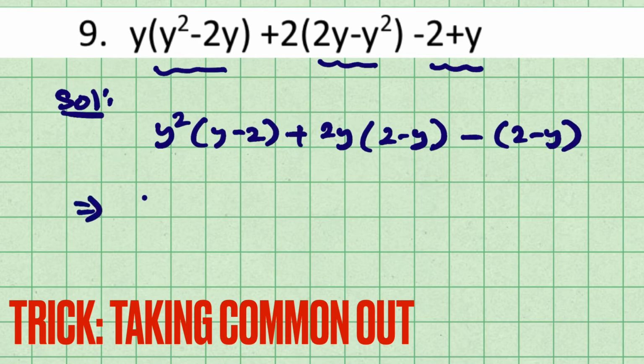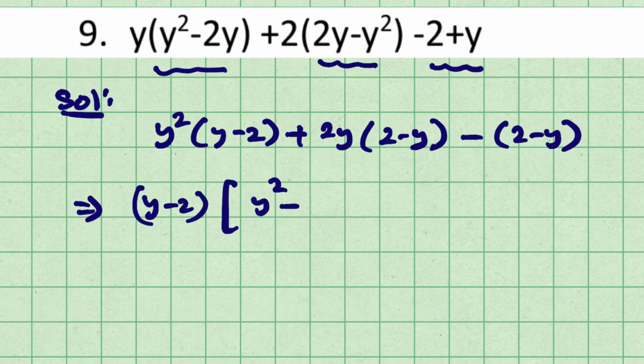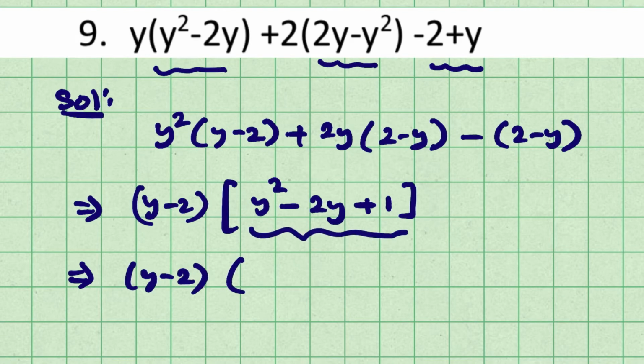Now we can easily take (y - 2) outside. We will be left with y square - 2y + 1. This is super easy. This is a perfect square, a square - 2ab + b square. We can write it as (a - b) whole square. So this is the final answer.